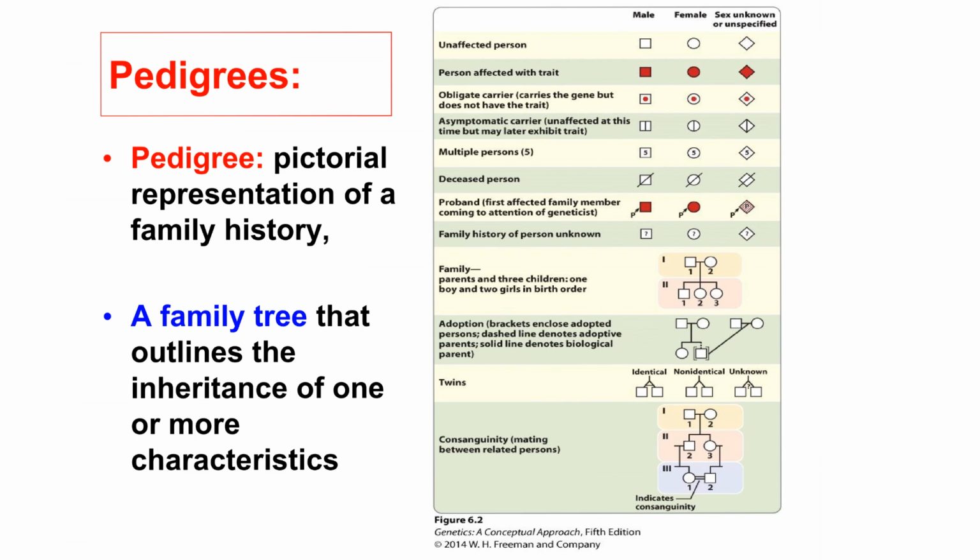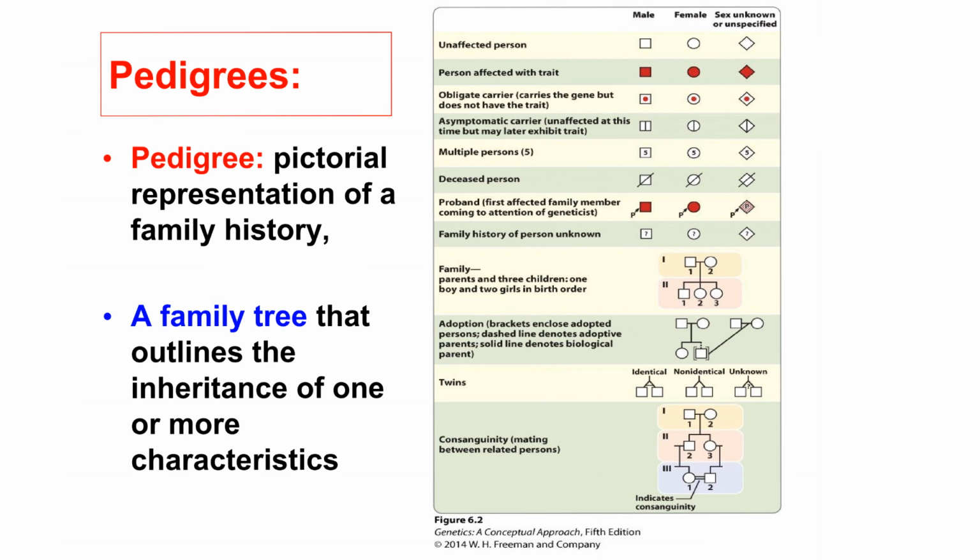You will have to find out whether a person in the pedigree is a carrier or not based on the genotype of the parents. So, I repeat again, in your quizzes and on tests, you will not see symbols of carriers. You will have to define carriers by yourself, okay?